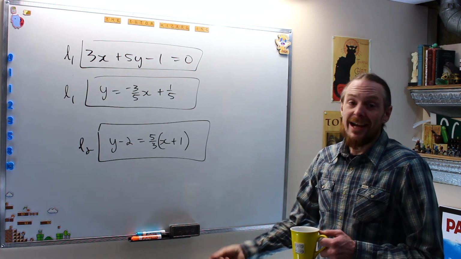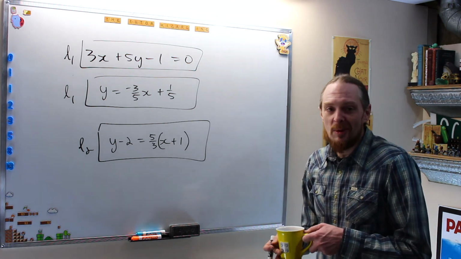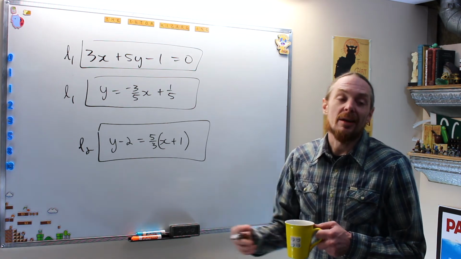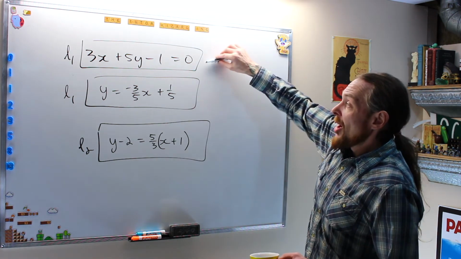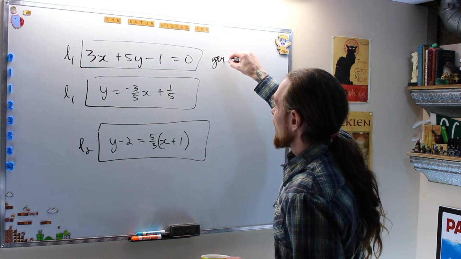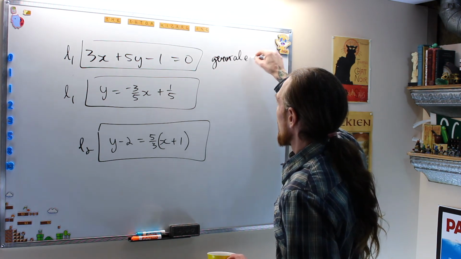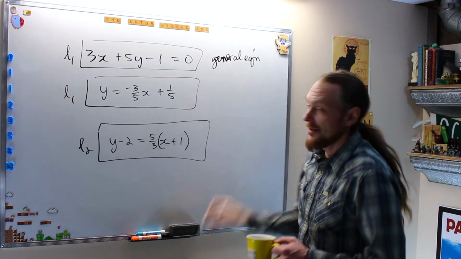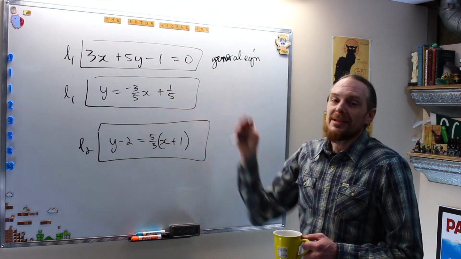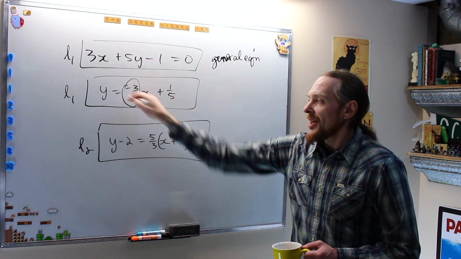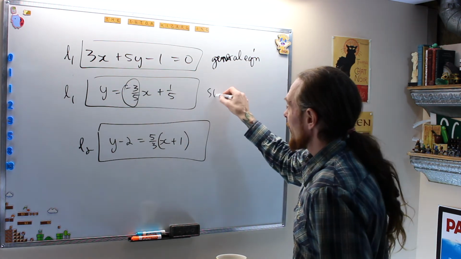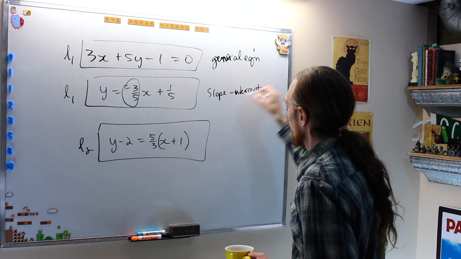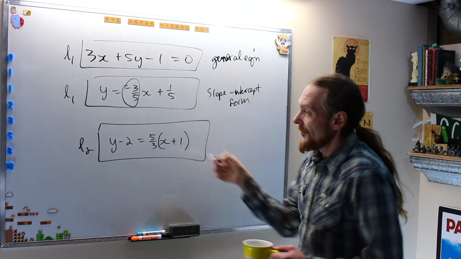So coincidentally, I like these problems, and so do most of the books and the instructors, because it uses all three avatars of the equations of lines. The original problem gave me the general equation. Then in the first step I needed the slope, so I transformed it to the slope-intercept form of L1.